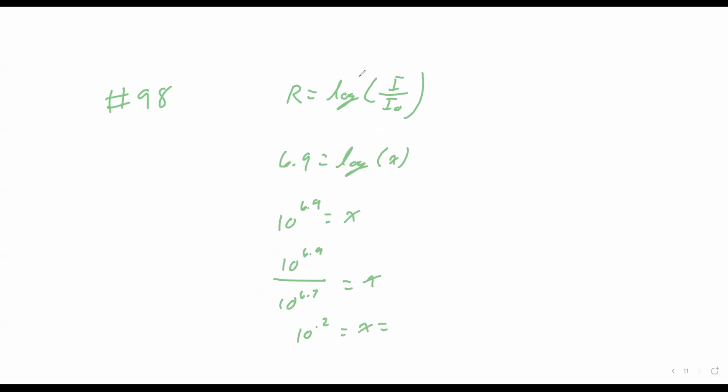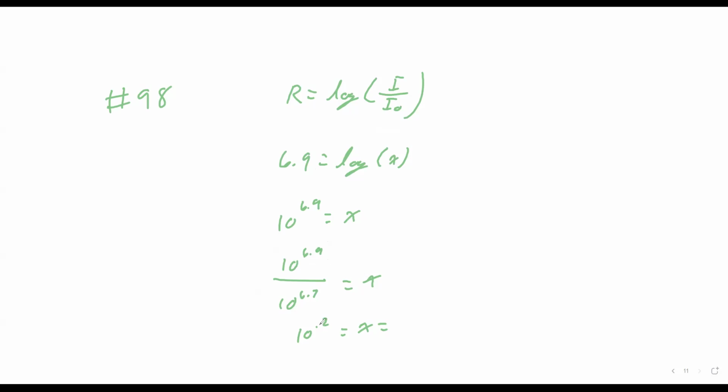So we had to calculate what the intensity is for the Gujarat earthquake, which was 10 to 6.9. But without having to do too much of those big old numbers, the ratio would be the Gujarat one divided by the Chile one. And then because they're like bases, we can just subtract the exponent.